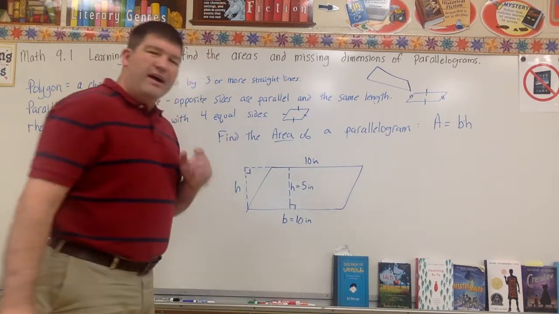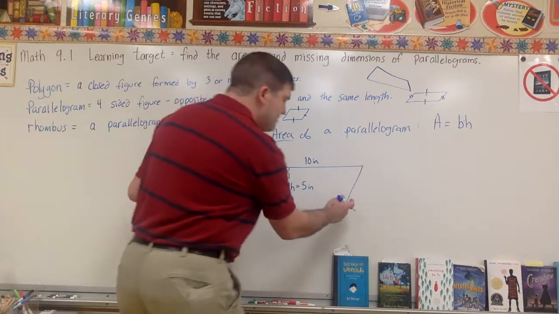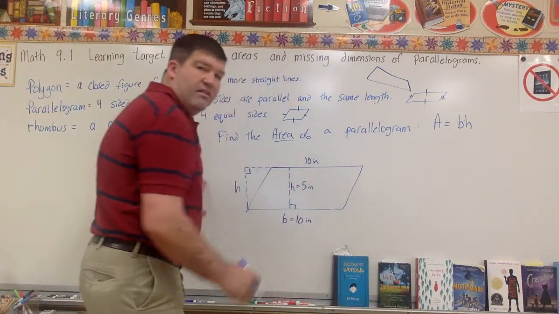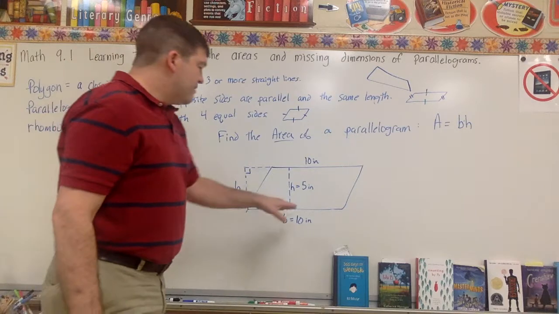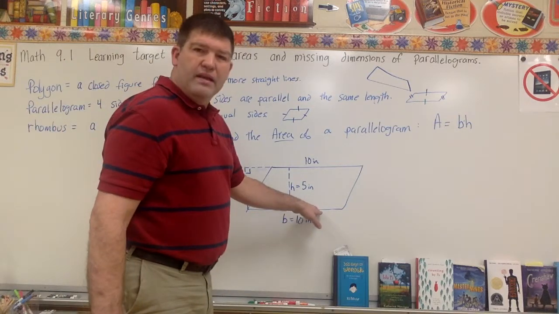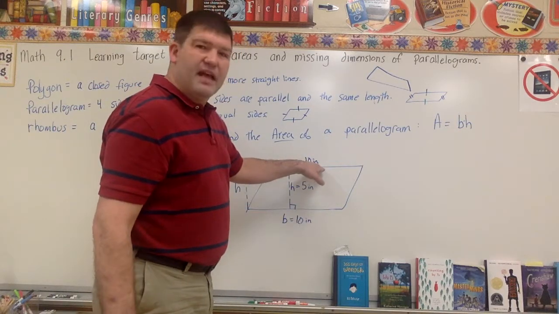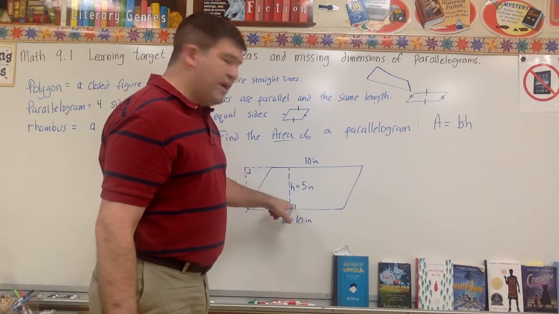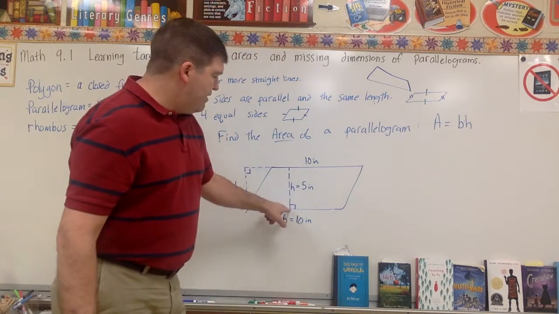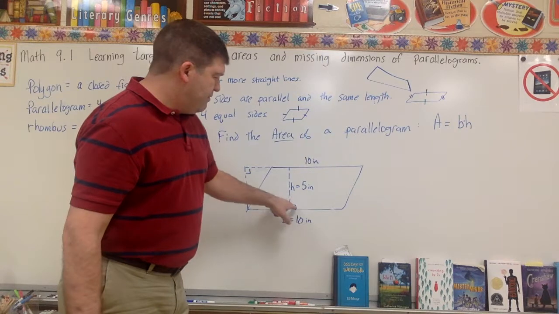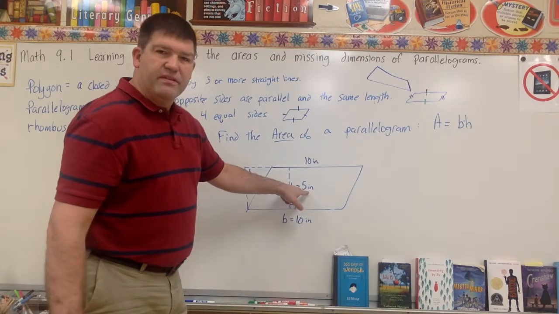Now the height of a parallelogram isn't on the angle. It has to go directly from one side to the opposite side, and it has to form a right angle. So you could go right here and go straight up, forms a right angle, it's 5 inches.